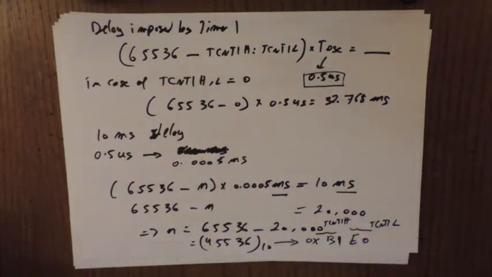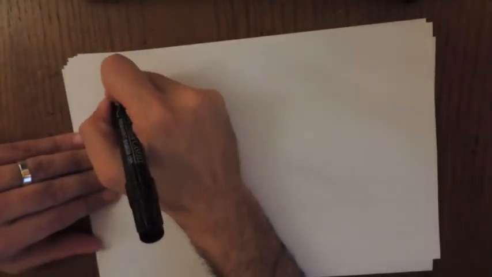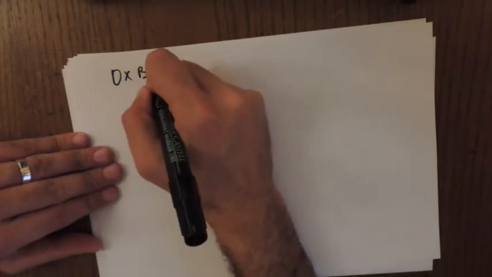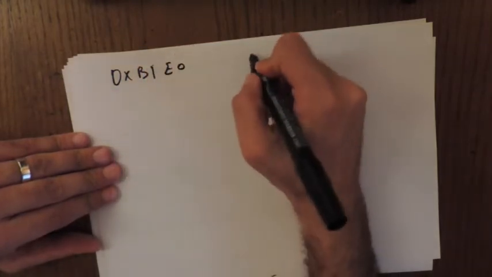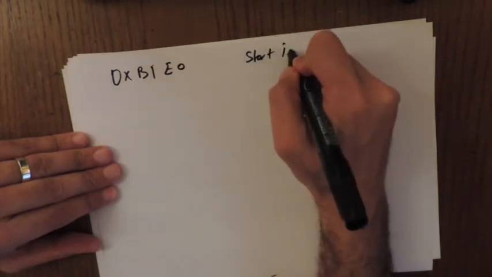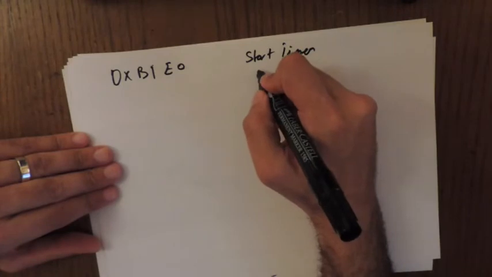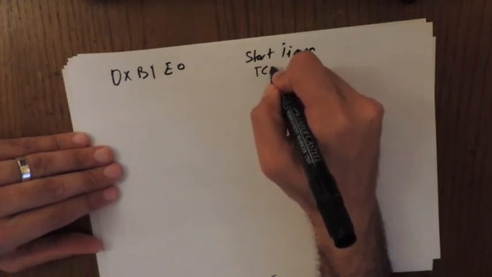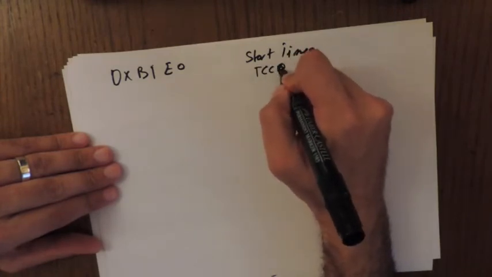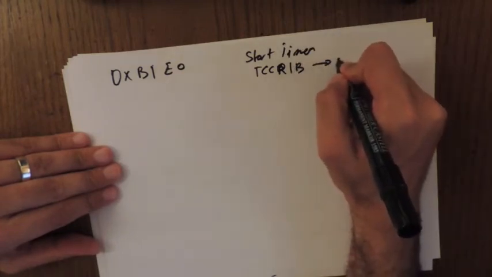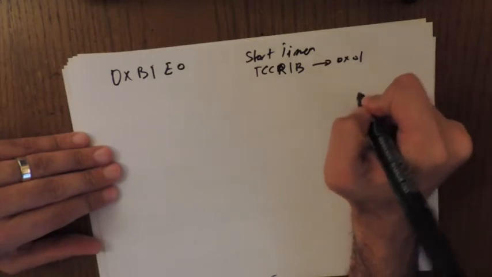So what does this mean? This means we start with 0xB1E0 when we start the timer, and as you know, we start the timer by setting TCR1B with 0x01.